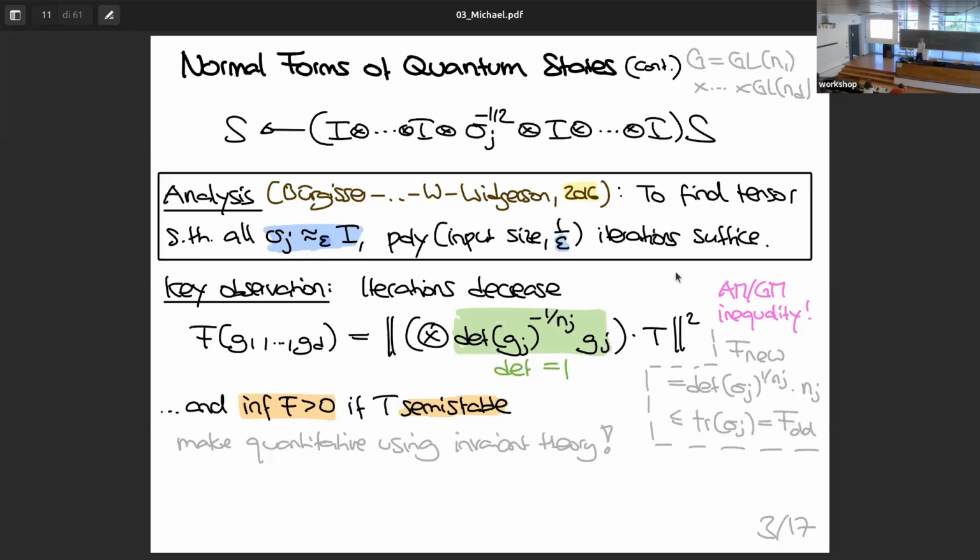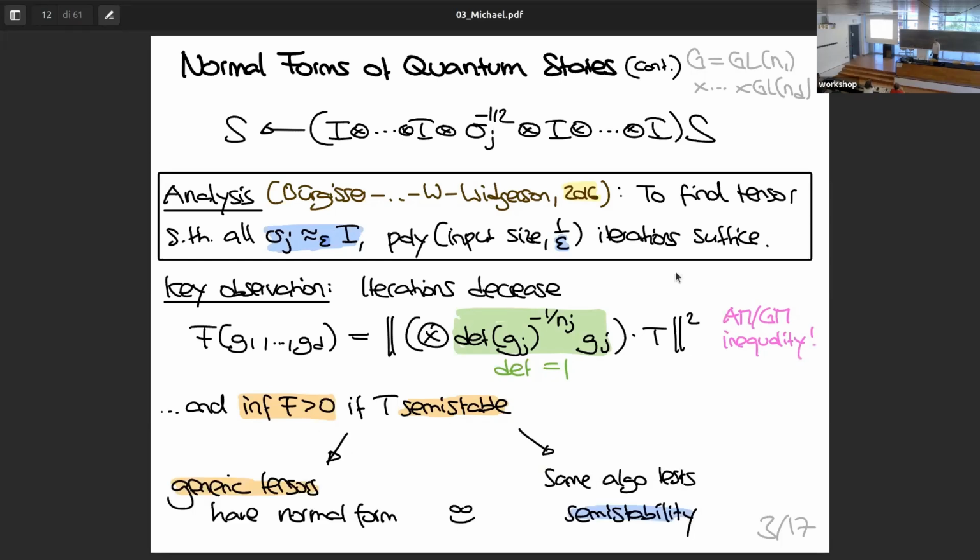And for that, we actually use constructive invariant theory in some sense. The fact that the invariants don't have too high degree and are not too complicated, don't have too large coefficients, allows you to control this object. So it's a nice interplay between analysis and algebra. All right, that's just for if you want to know the details.